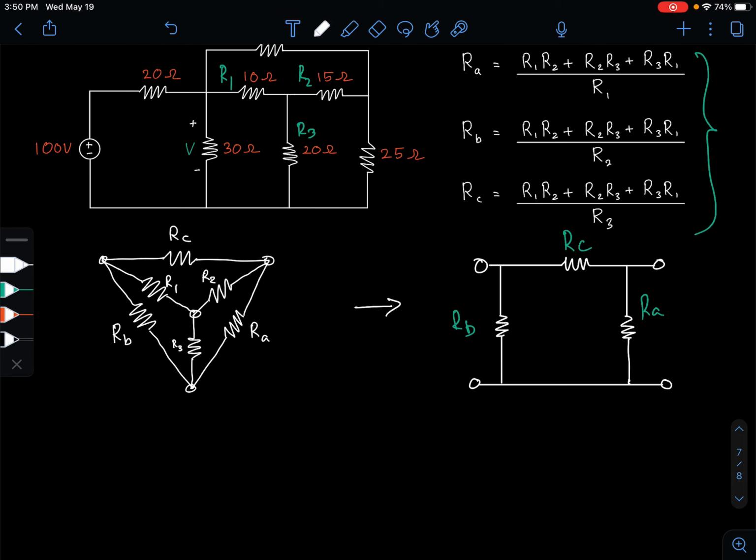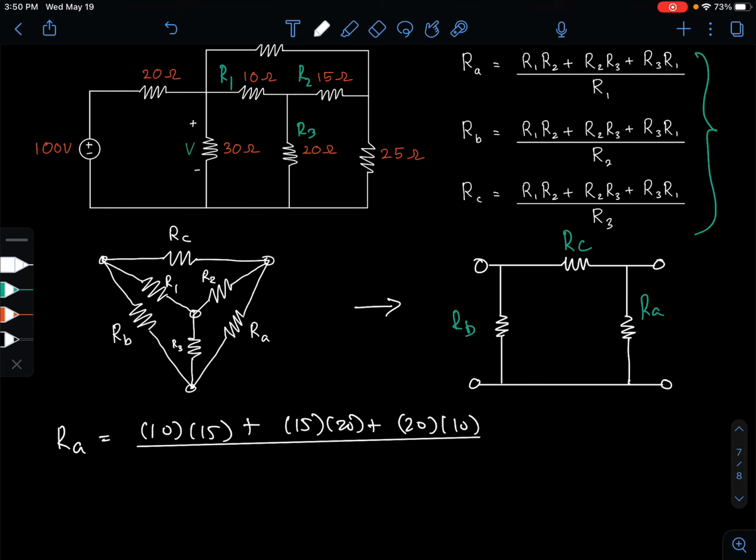To find RA, it is the sum of the products 10 times 15 plus 15 times 20 plus 20 times 10, divided by R1, which is 10. You will find that this gives you a value of 65, which is the value of RA right over here, 65 ohms.